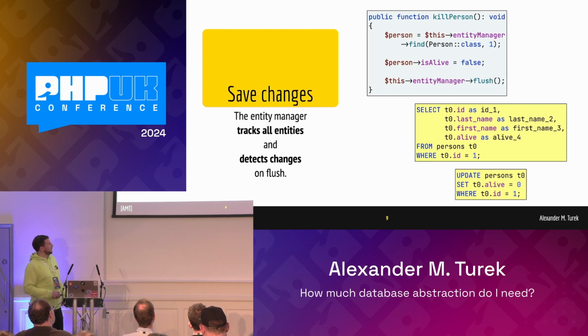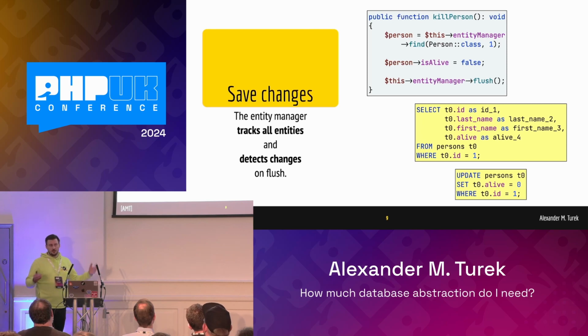So what's happening here under the hood? As you can see, I'm just telling the entity manager to flush. I'm not telling it to flush this particular entity, I'm just telling it to flush all the changes. The entity manager keeps track of all the objects that it knows of, either because I told it that this is a new object, please remember this, through the persist method that we saw earlier, or because I have selected the object from the database.